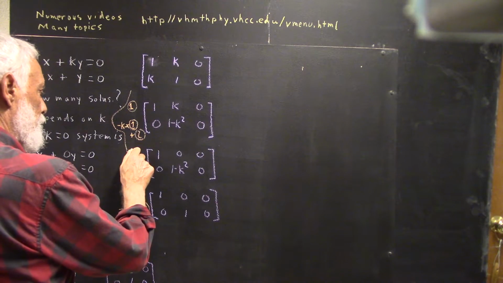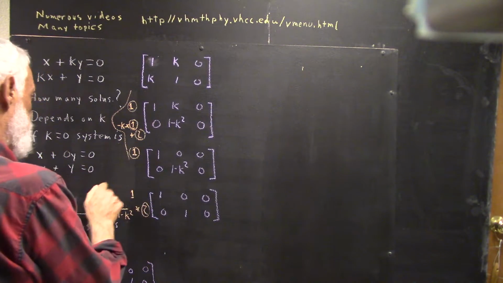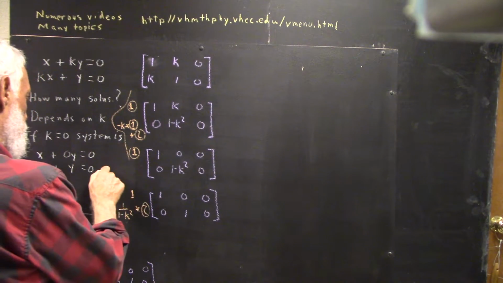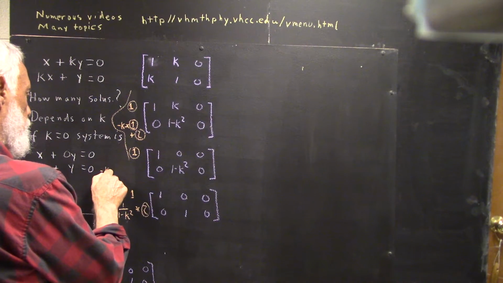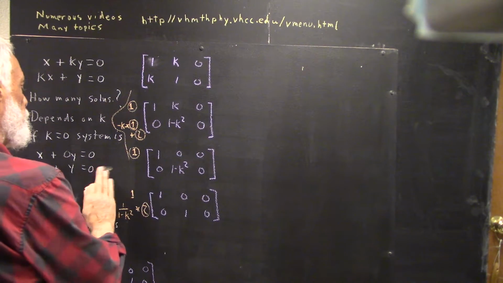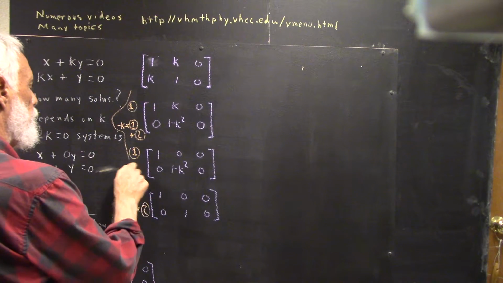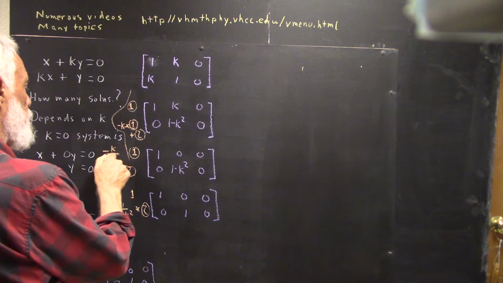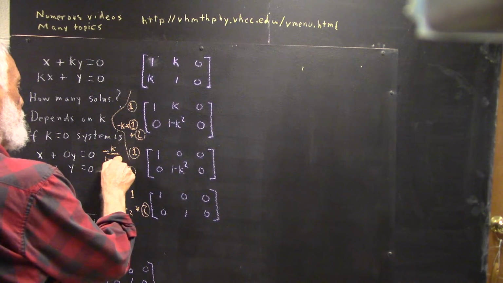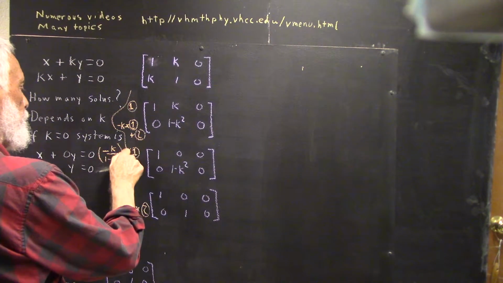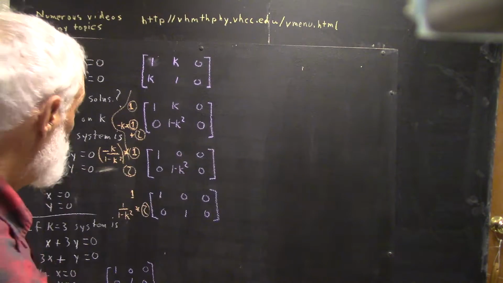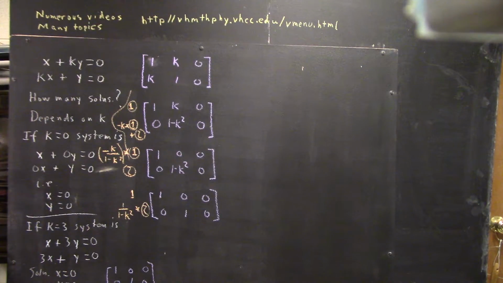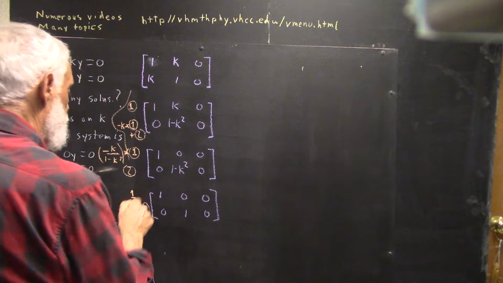And I'll write out the operations here since I've got a little room. This is just the second row repeated, and this is negative k over 1 minus k squared times our first row. You can think about that and ponder it if necessary.